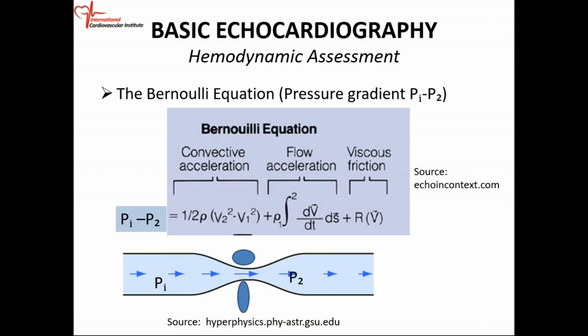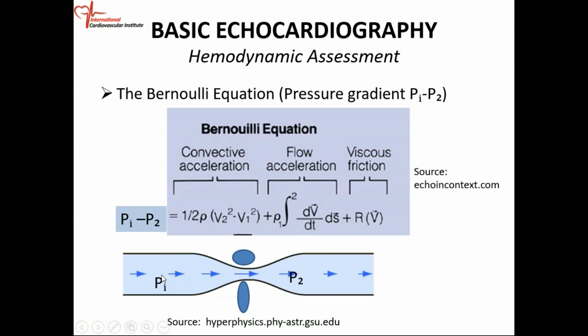The original form of the Bernoulli equation is a long one. The pressure in point 1 has to be greater than the pressure in point 2 for the fluid to flow in that direction. The pressure difference is called the gradient, and the gradient is equal to the convective acceleration, which is half rho, the difference in velocity: velocity at point 2 squared minus velocity at point 1 squared.